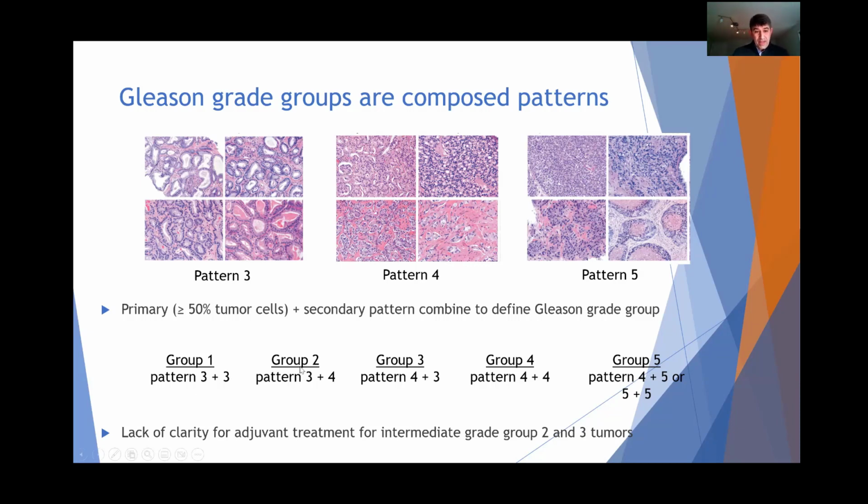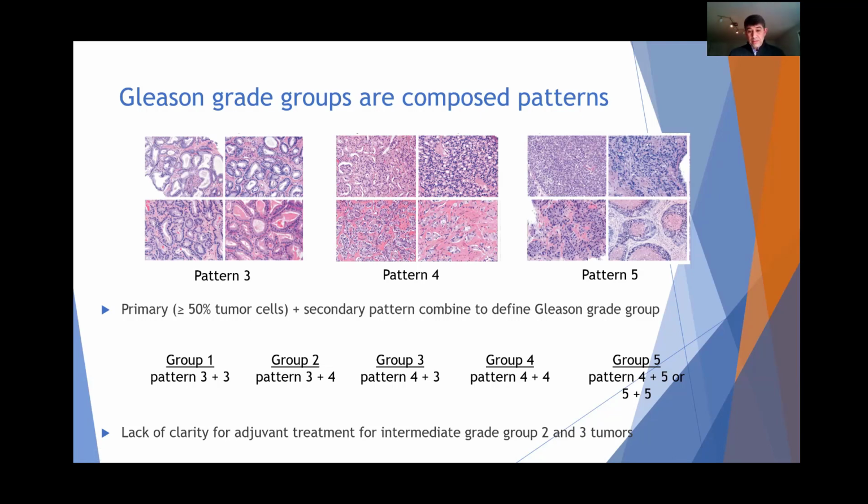Group 2 has Gleason patterns 3 and 4, but is predominated by Gleason pattern 3. Group 3 also contains 3 and 4, but it's predominated by Gleason pattern 4, and the 3 being the minority. And then group 4 and group 5 have patterns of 4 and 5 present, with group 4 being homogeneous for pattern 4.